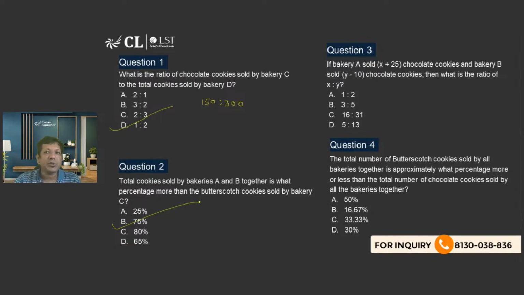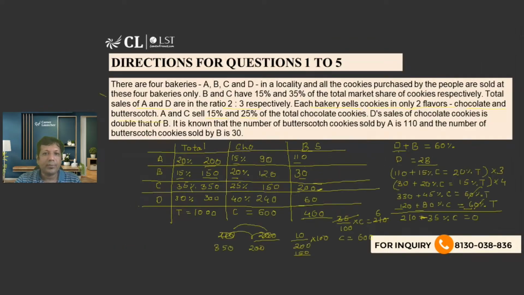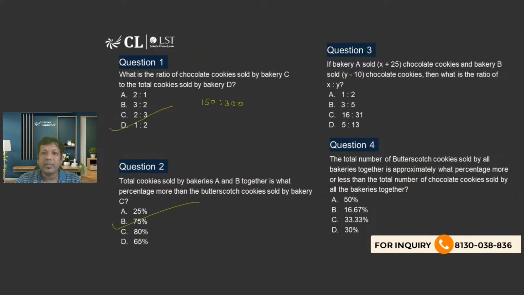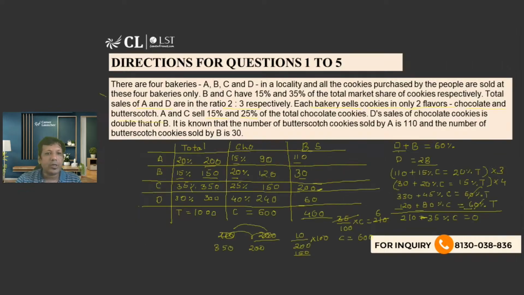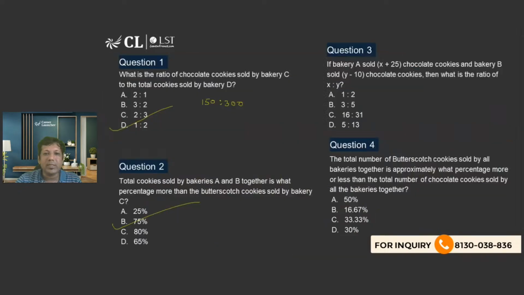If bakery A sold X plus 25 chocolate cookies and bakery Y sold X minus 10, okay. So chocolate cookies A is 90, and B is what?